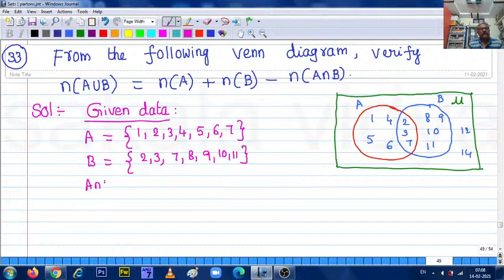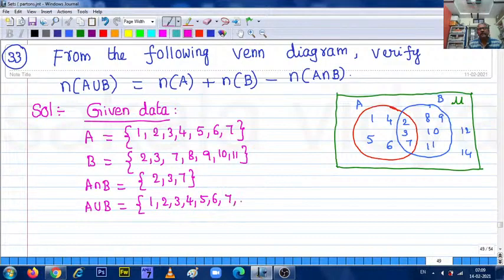Now A intersection B, common part of both, that is this part, 2, 3, 7. Now A union B also we can write. A union B equals 1, 2, 3, 4, 5, 6, 7, 8, 9, 10, 11. That's all. But 12, 14 do not belong to either A or B. You remember like that.